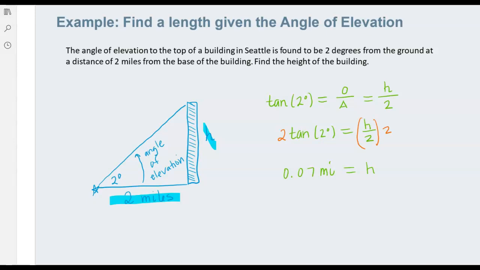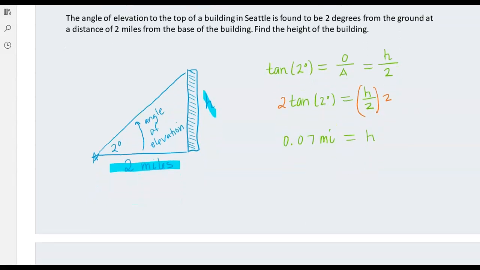We don't usually measure buildings in terms of miles. There are 5,280 feet in 1 mile. So I'm going to multiply that by 0.07 so I can get an answer in feet that'll make more sense to me.